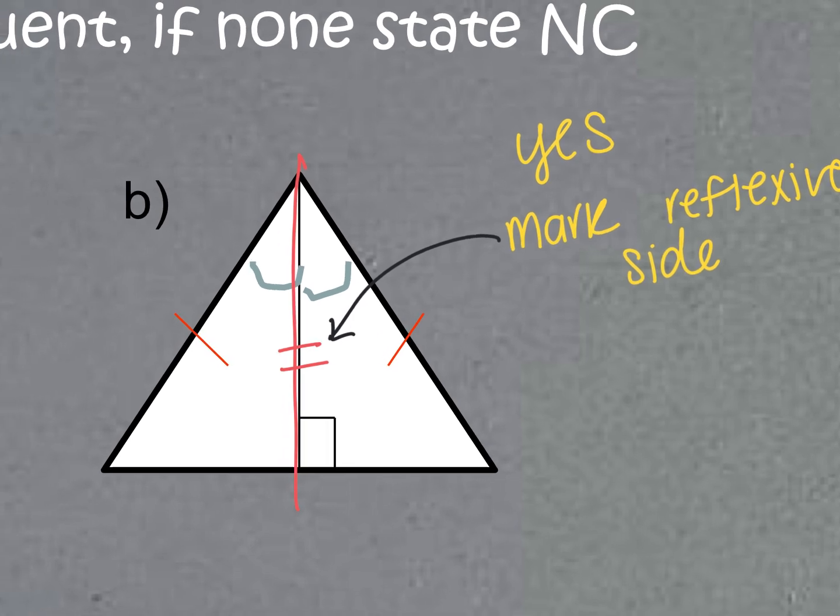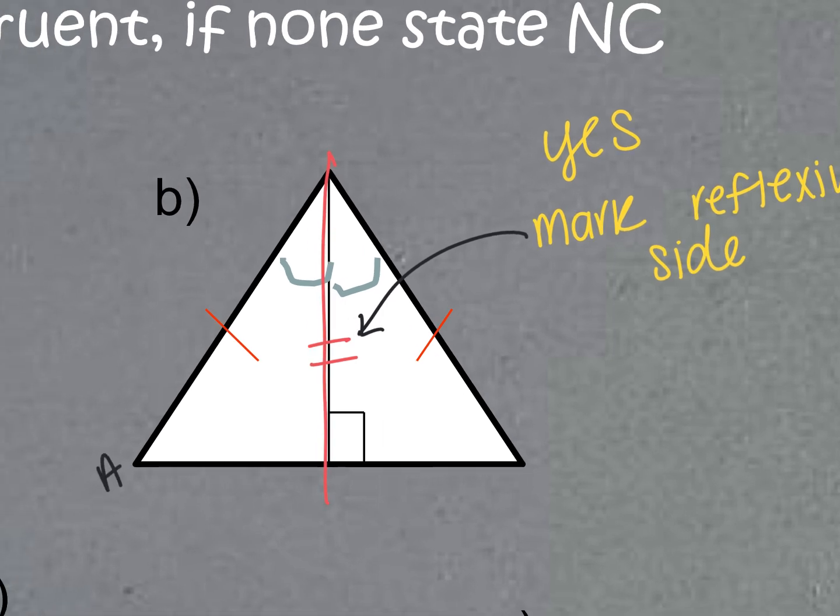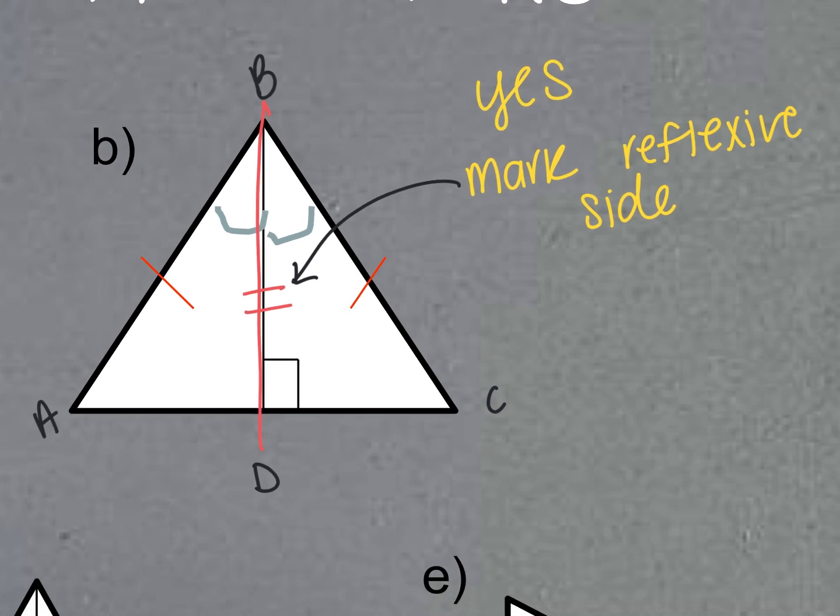If I were to give you variables like A, B, C, and D, this would be written as BD is congruent to, and if they switched these, it's still reflexive. This is still reflexive, it is not symmetric. So just understand that this is still a reflexive congruency.